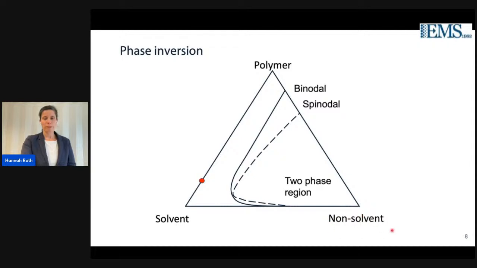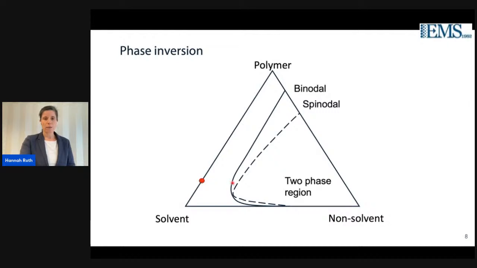And when we bring this into contact with a non-solvent, typically water, we then start to move through this ternary phase diagram. And what we see is that here on this side, where only polymer and solvent are present, this is a homogeneous solution.